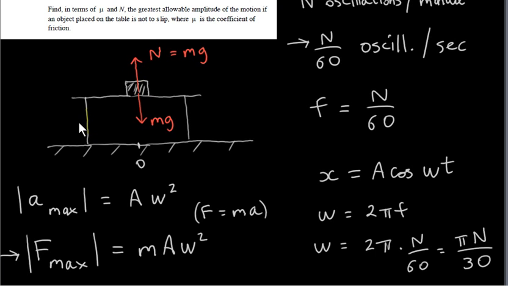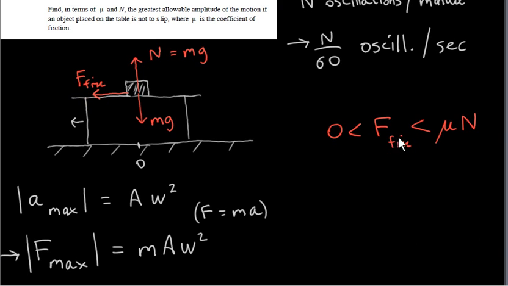Now, when the table is moving in this direction, the friction force will be acting on the object to push it to the left. So the friction force will be in this direction. The friction force varies from a minimum value of 0 to a maximum value of mu times N, where mu is the coefficient of friction between the surfaces.